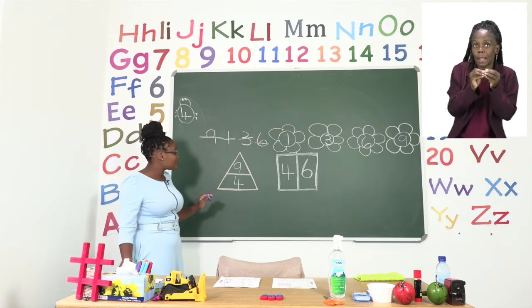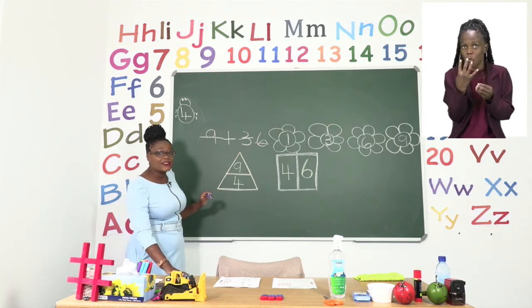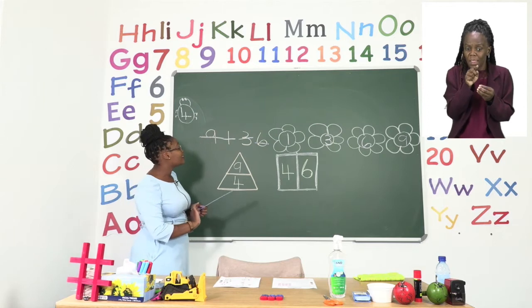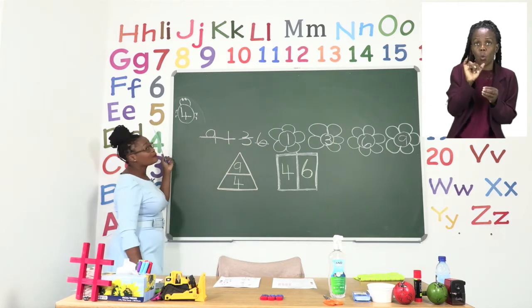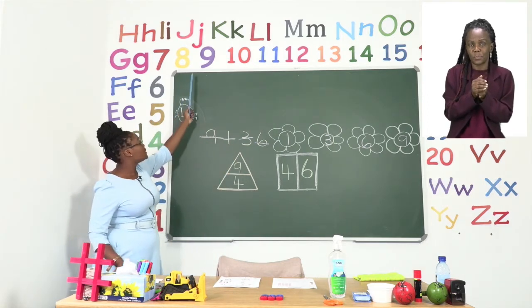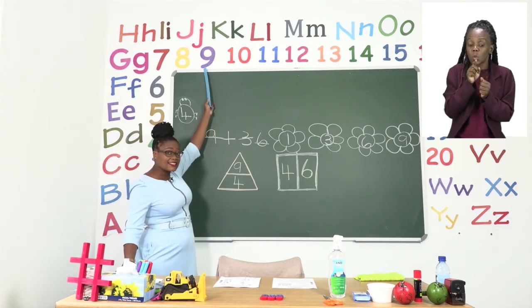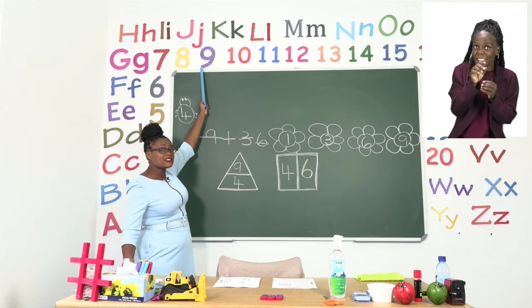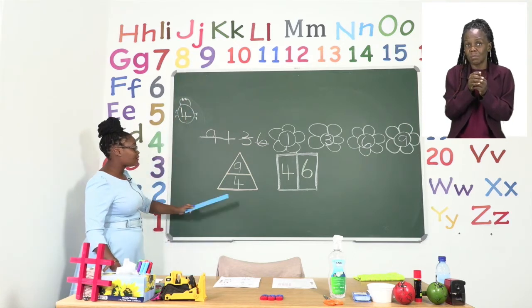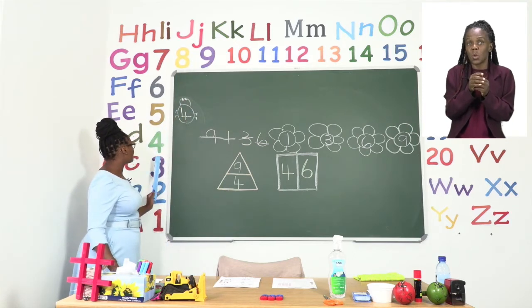Let's look for the number 9. Now if we look for the number 9 on our number line, we can see that it is here and it looks like it's a big number. So let's try to go back and look for the number 4.